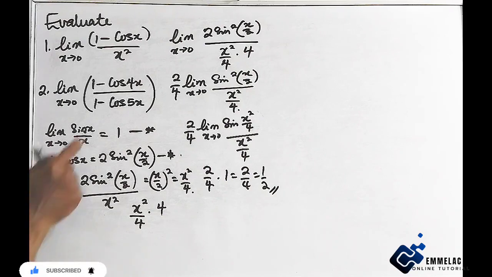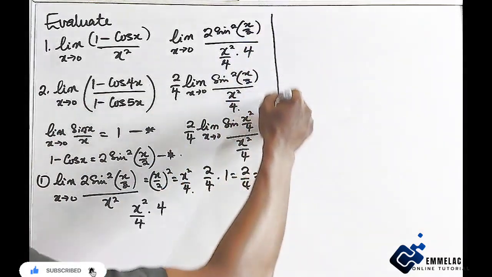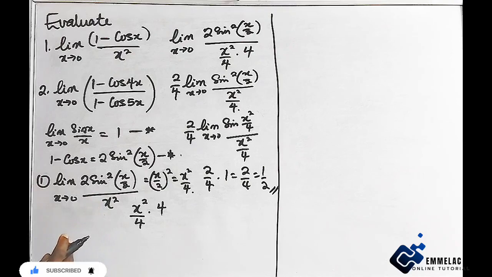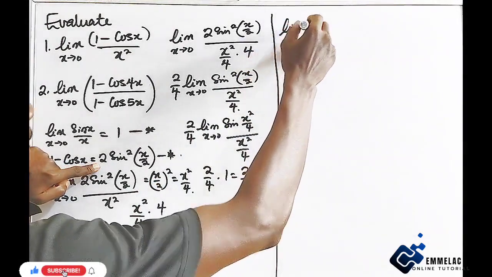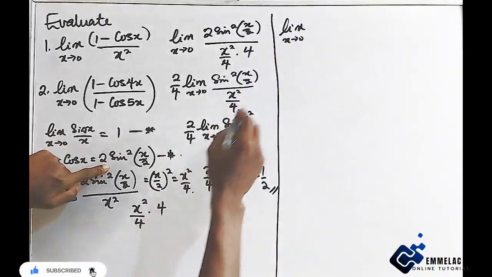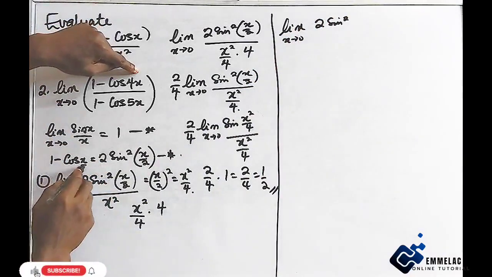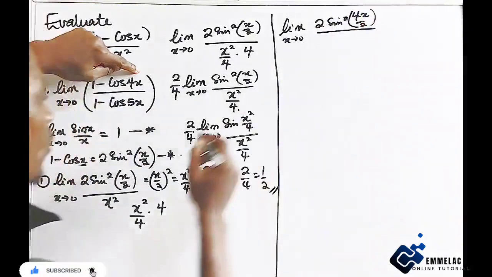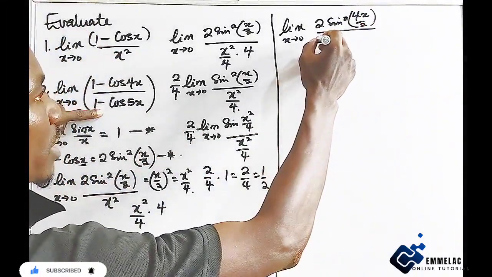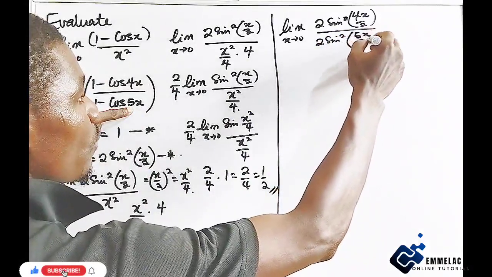So from this case, which is similar to this, the numerator will give us 2 sine square, and 4x is actually the x, so we have 4x over 2, then all over 2 also here, 2 sine square into 5x all over 2.